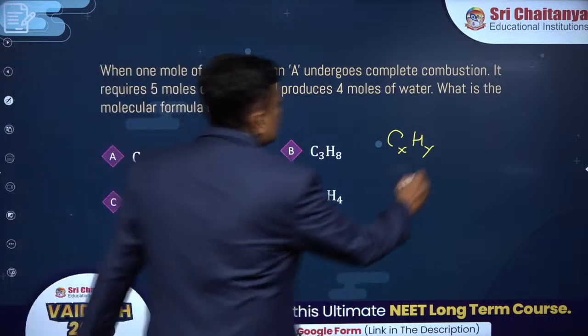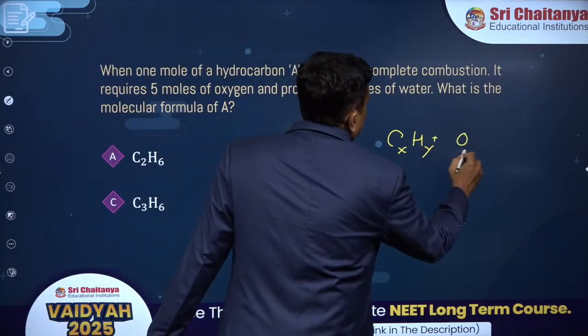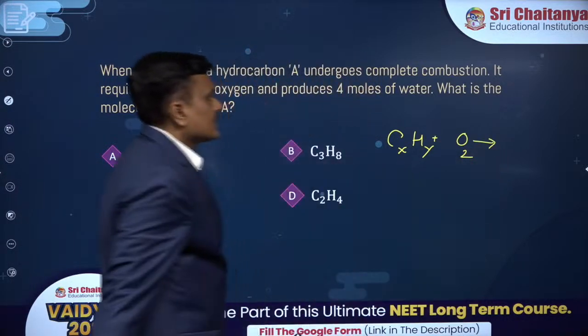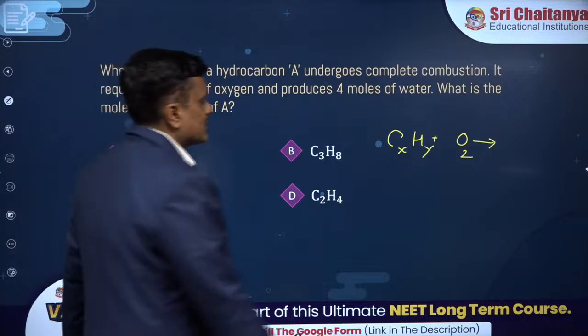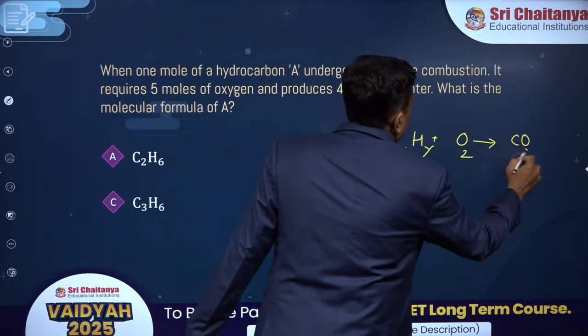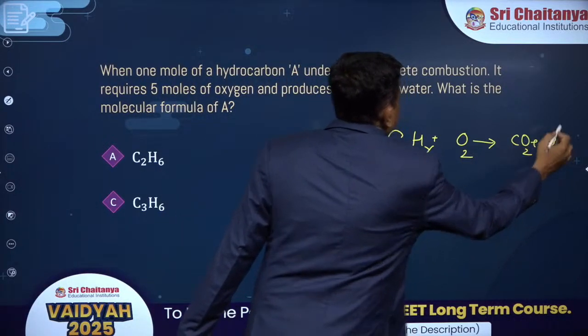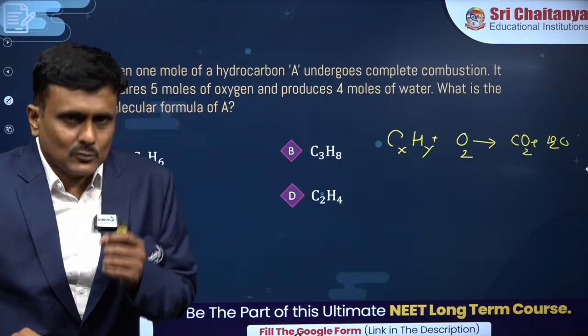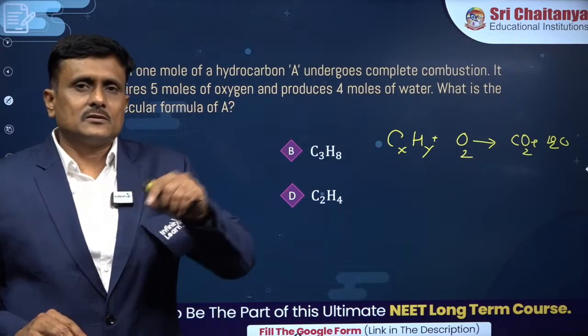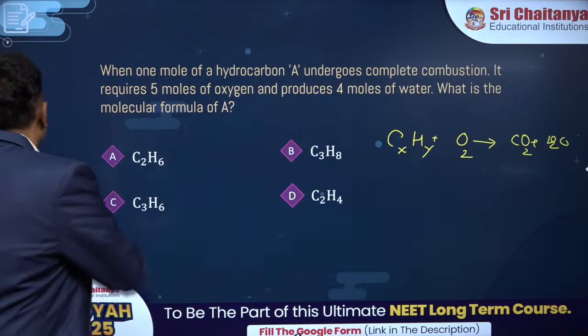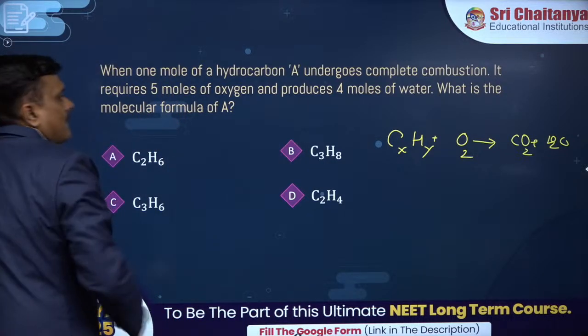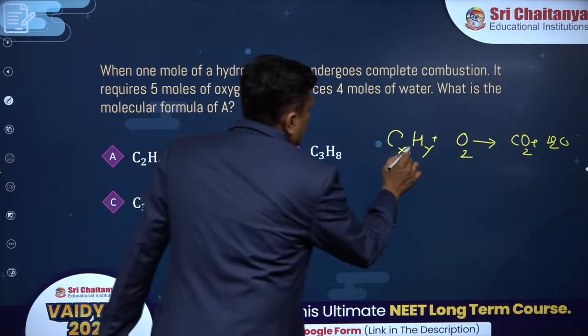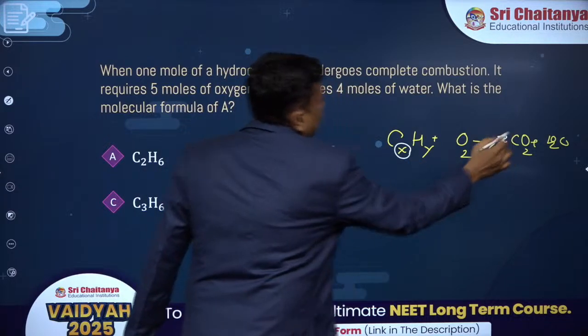And you see you are balancing this by burning it with oxygen, you are getting what? Carbon dioxide and water. First you write the equation, listen to me carefully. If you are applying the mole concept, first you write the equation, then you balance it. Let's balance. You can see here, there are x moles of carbon on this side, so I will write x here.